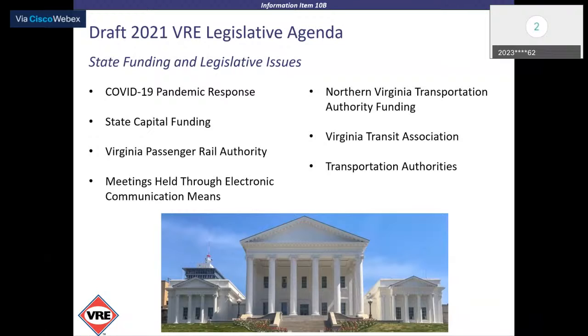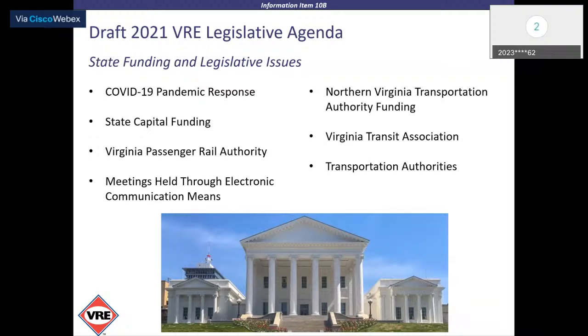So we will analyze anything that comes from them or anybody else who comes out with a public transportation or rail related proposal. And at Mr. Kelly's request, we are going to keep an eye on anything that would have to do with the creation of an additional transportation authority that would include members of the VRE.